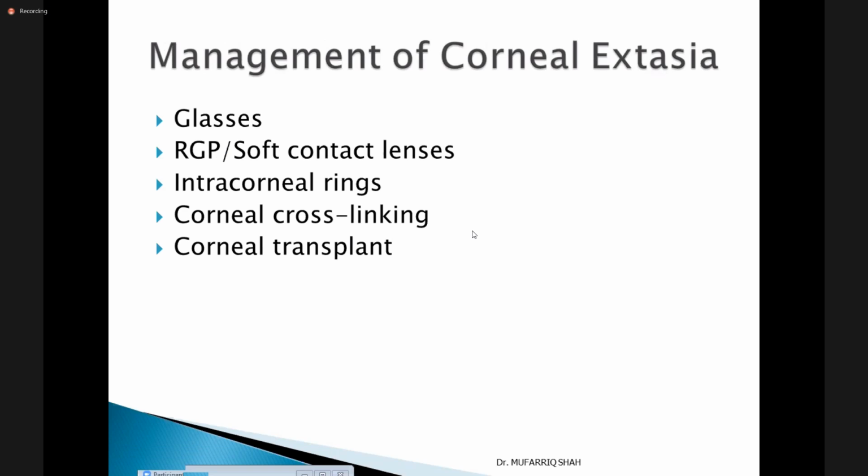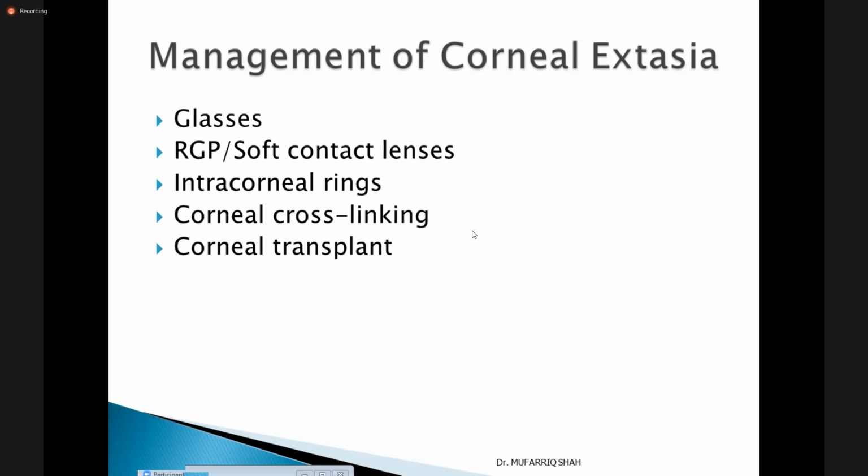Now, how will we manage corneal ectasia? At the early stages, if it is very mild, in most cases we usually prescribe glasses. Even in children, if we can improve visual acuity to 6/18, we usually avoid RGP lenses. Otherwise, if visual acuity cannot be improved to that, then we prescribe RGP lenses.